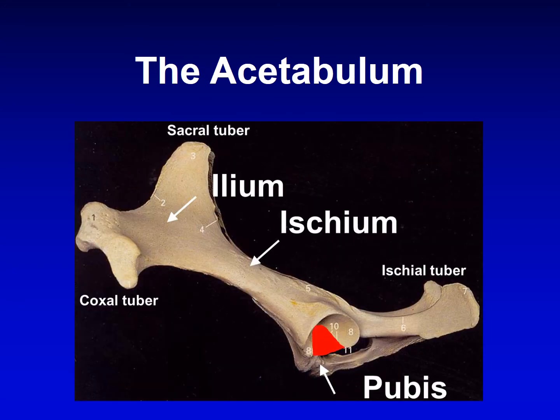So this is the acetabulum of the horse, and this area here indicates that there is no bone in this region. So the acetabulum is basically an incomplete bony cup.